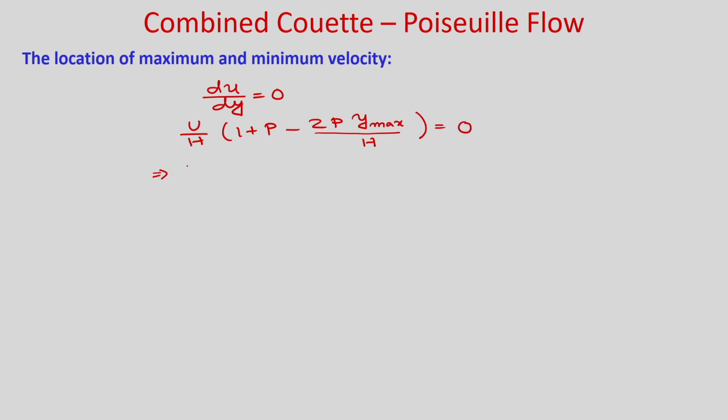So, you can find y max by h as (1 plus p) divided by 2p, or half plus 1 by 2p. So, you can see this y max is the y corresponding to the location of maximum or minimum velocity.